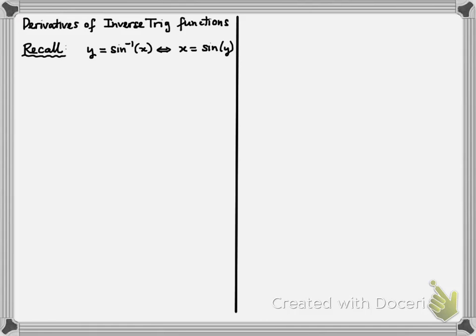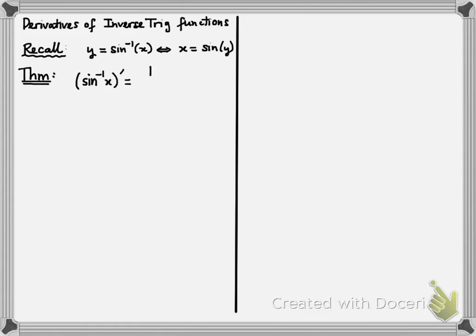So if we want to take the derivative of y, we can use x equals sine of y and use implicit differentiation to take the derivative, and then we will need to use some trig identities to derive the formula for y prime. And if we do that, we will have the following theorem, which is for derivatives of inverse trig functions.